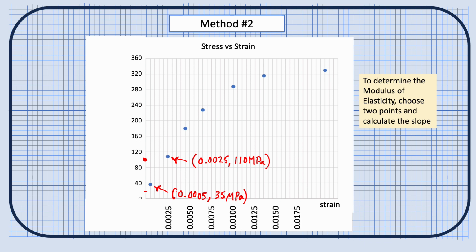All right, so now I can calculate the slope by change in stress over the change in strain. So I've got 110 minus 35 megapascal divided by 0.0025 minus 0.0005.